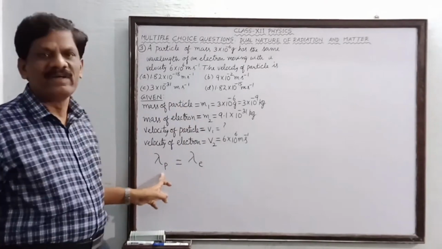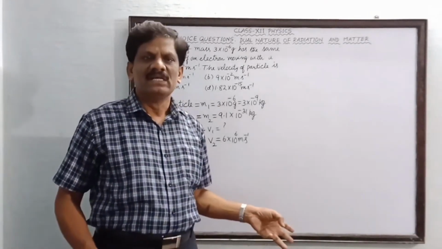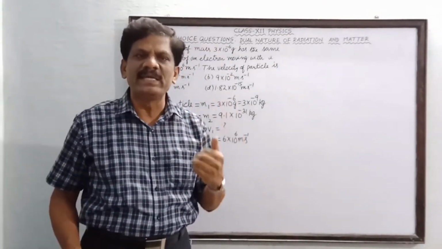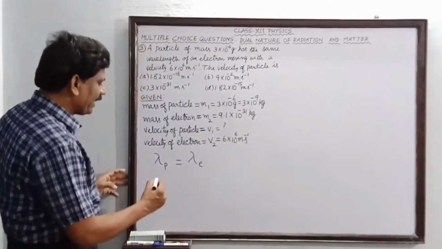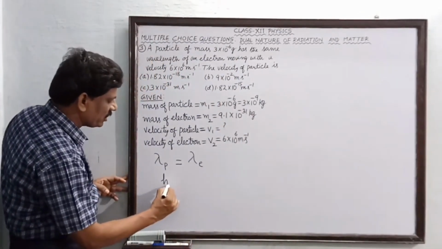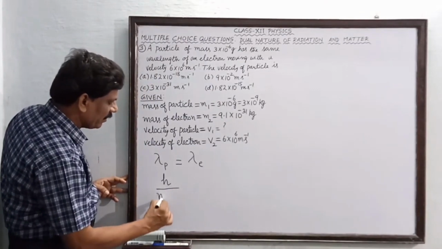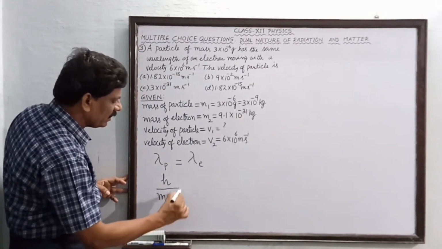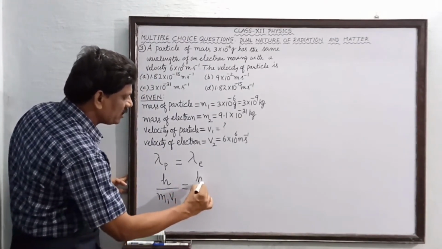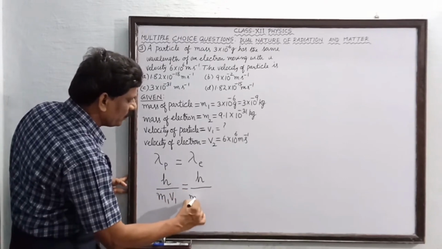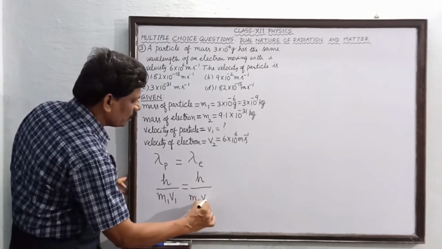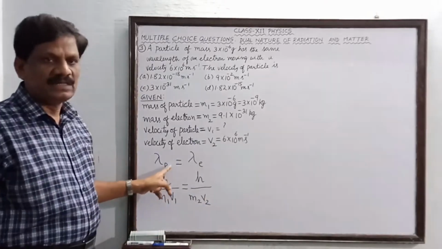So de Broglie wavelength, we have derived an expression. So lambda is equal to h divided by mv. So Planck's constant h divided by m1 into v1 is equal to h divided by m2 into v2. It is given, is it not?